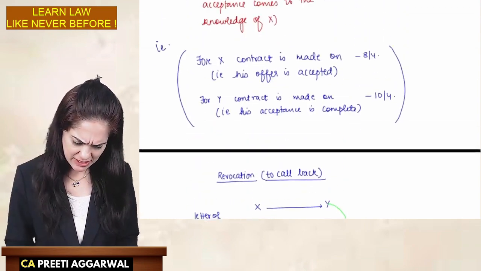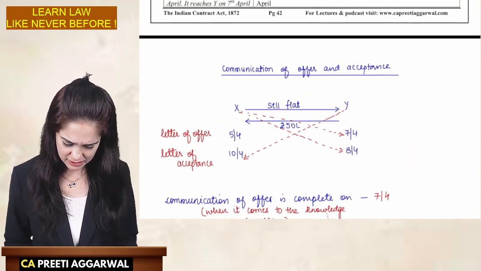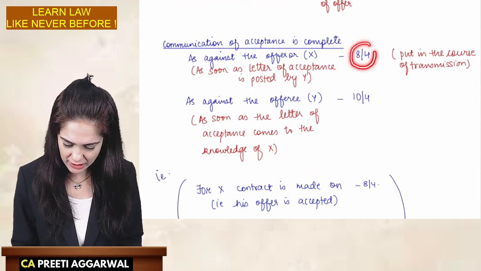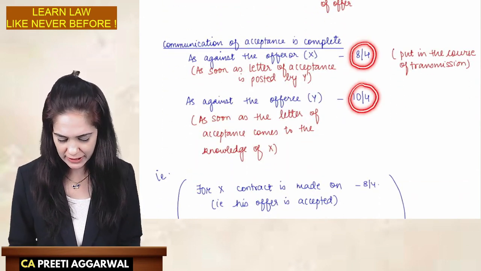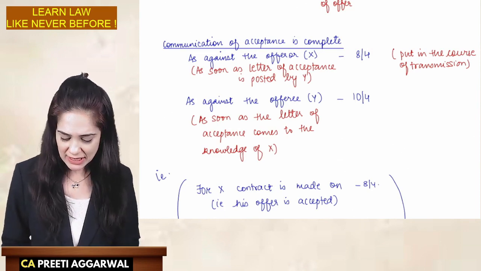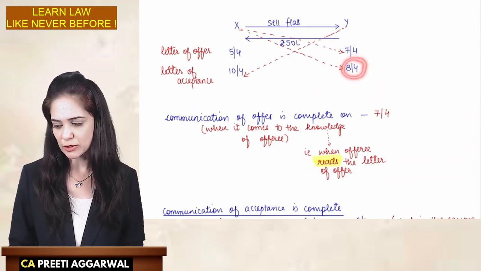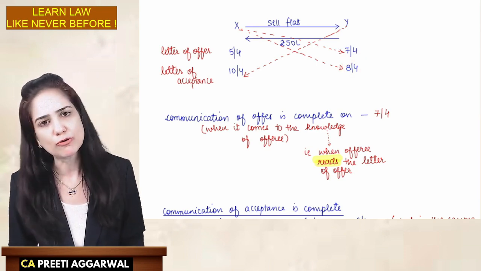Now we were discussing why two separate dates for both the parties. Why is a contract made for X on 8th and for Y on 10th of April? Let's assume that for both the parties, the contract is made on 8th of April.